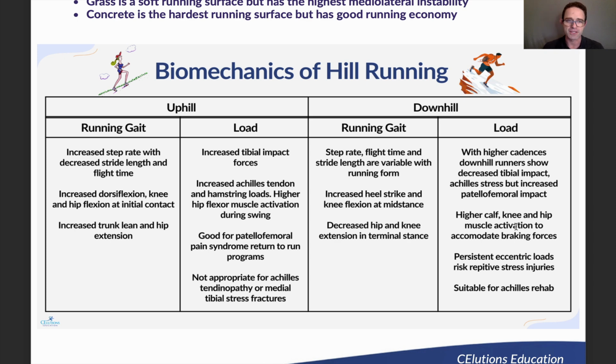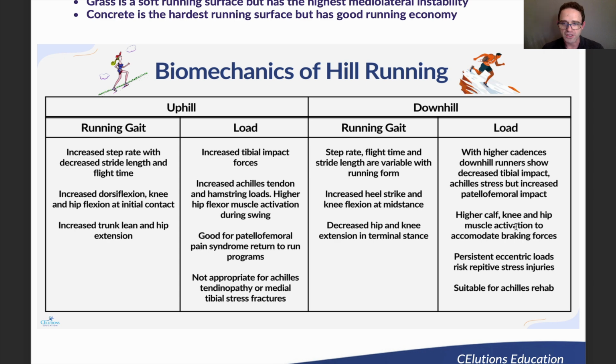Now, let's talk about the muscular load or the load on the body. Well, we talked about tibial impact forces, so higher tibial impact forces when we're running uphill, generally lower tibial impact forces when we're running downhill. However, running downhill, we're going to have higher impact to the patellofemoral joint. This is because we are getting more of that pressure.